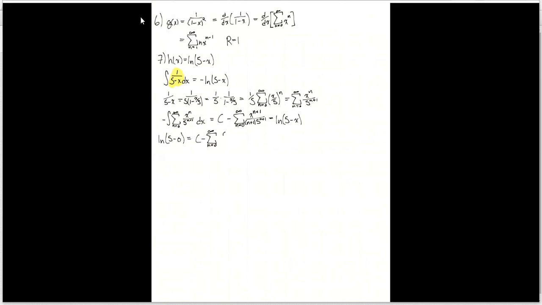And I plug in 0, so I've got 0 to the n plus 1 all over n plus 1, 5 to the n plus 1. Well, that's just adding zeros, right? So that whole sum is going to be equal to 0. So this is just equal to C. And from before, we knew that this is the natural log of 5.